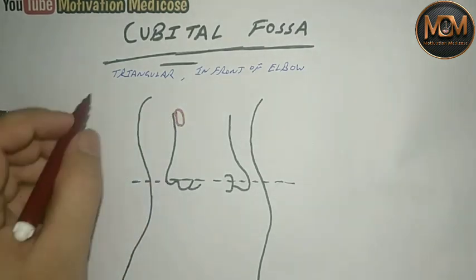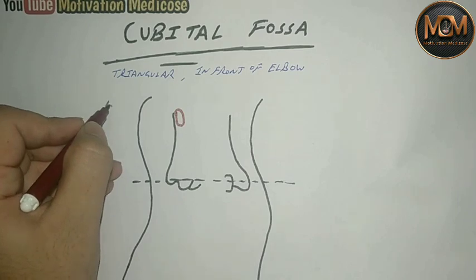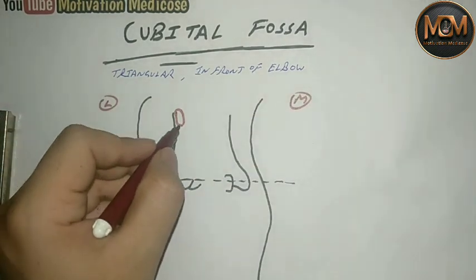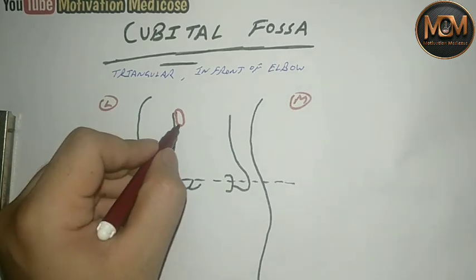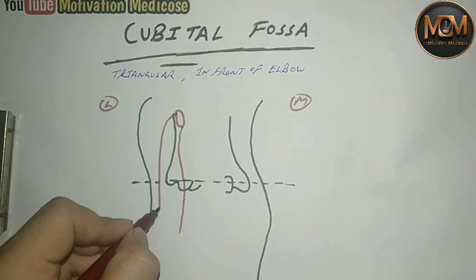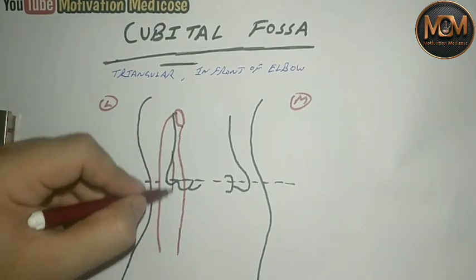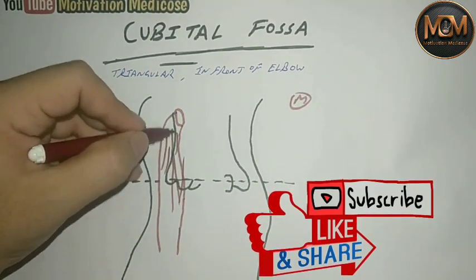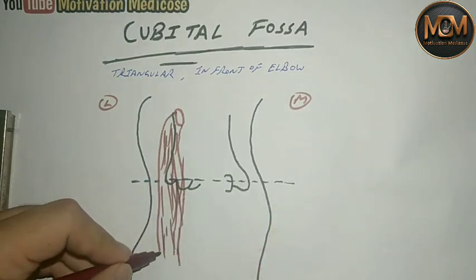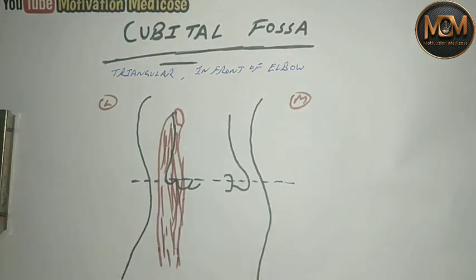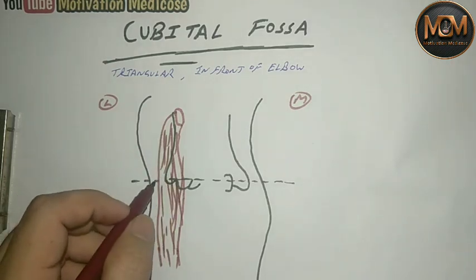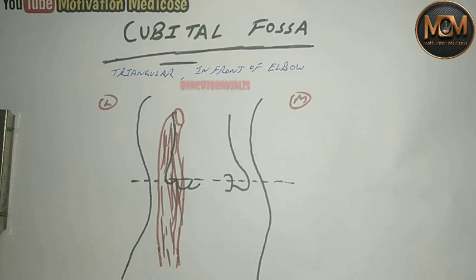First of all you should remember that this is the lateral side and this is the medial side. On the lateral side, on the radial side, there is a muscle present, and the name of the muscle is brachioradialis.